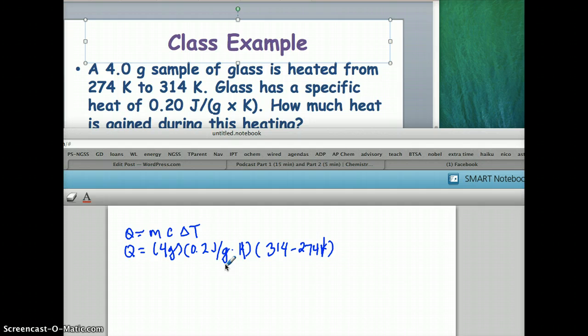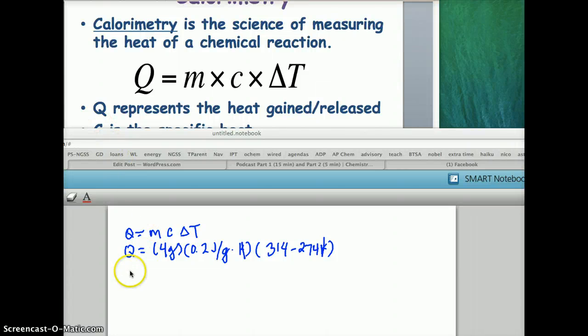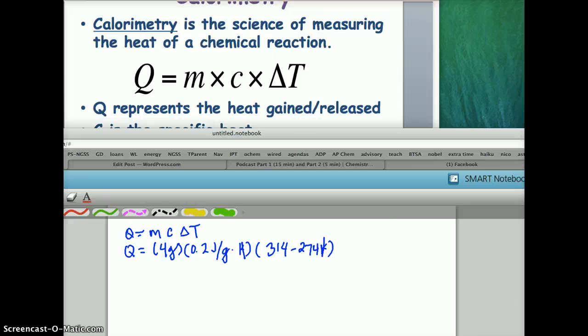So when you calculate this, you're going to do 4 times 0.2 times whatever that difference is. So let's go ahead and calculate that. So go ahead and try that on your own and let me know what you get. Okay, go ahead and pause this. And okay, so your answer should have been 32. So go ahead and write that 32. Again, let me get my pen.